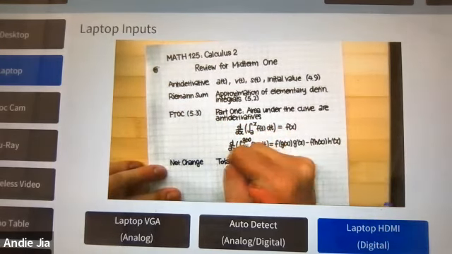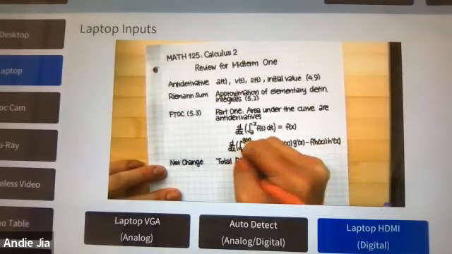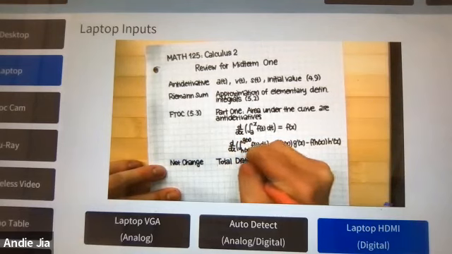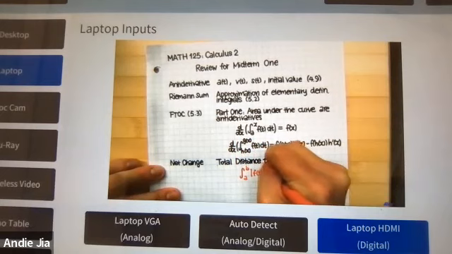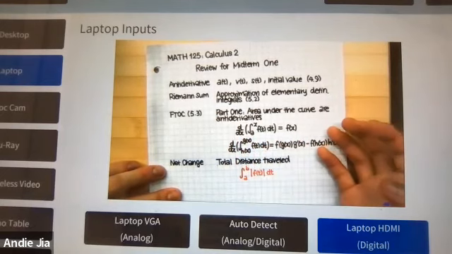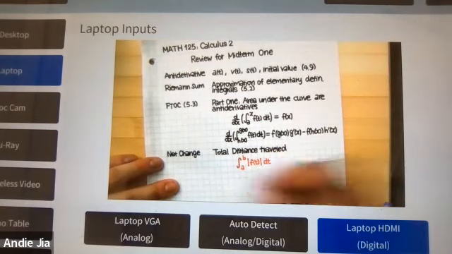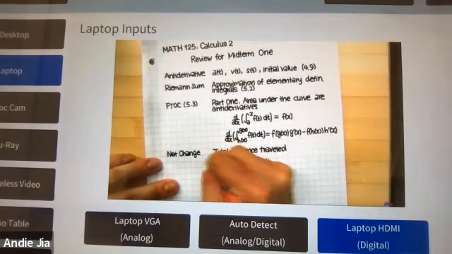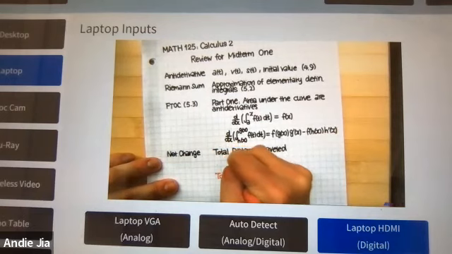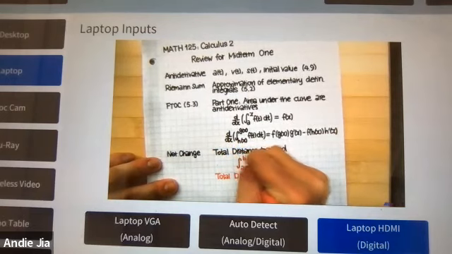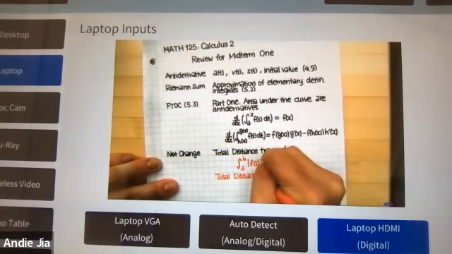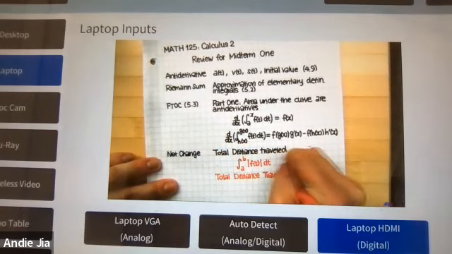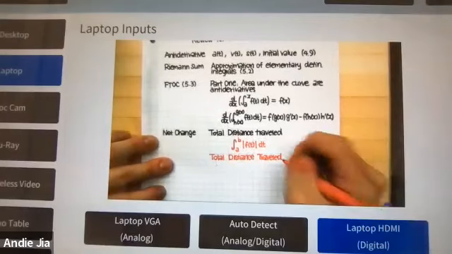So we must put an absolute value sign inside the integral, if f(t) is a velocity function, because total distance traveled should not be negative.